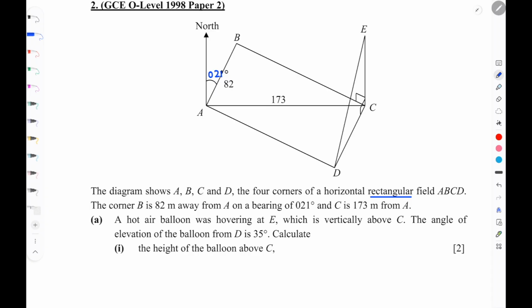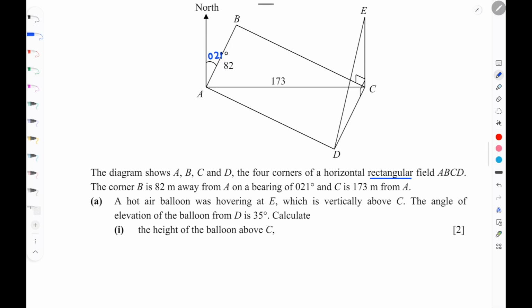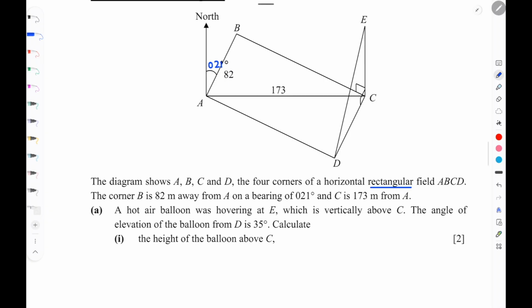Okay, a hot air balloon is hovering at point E, which is vertically above C. The angle of elevation of the balloon is 35 degrees from D. Okay, so from D, the angle of elevation, this is 35 degrees.